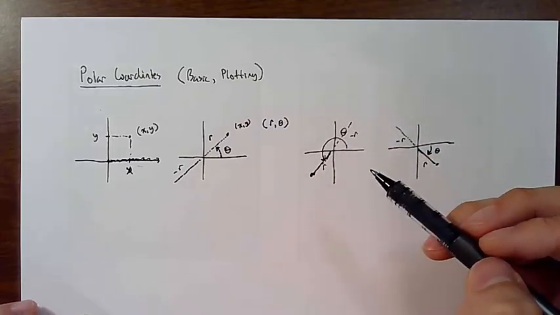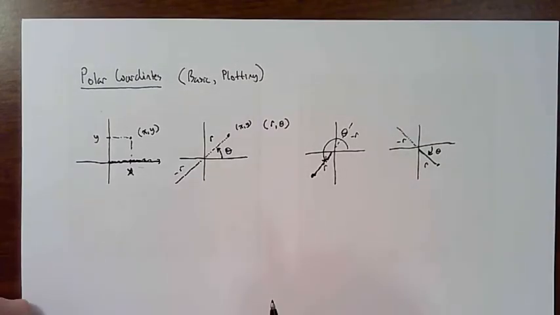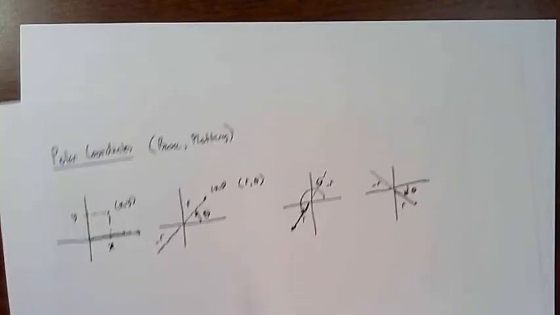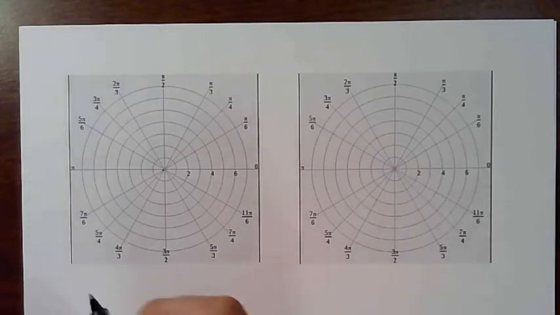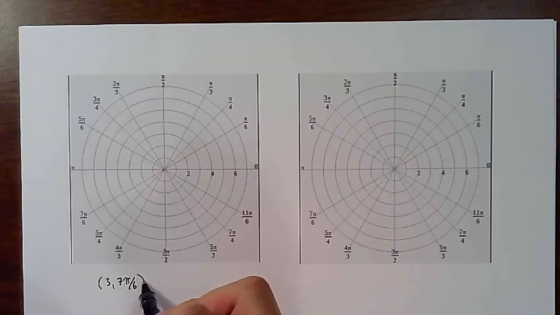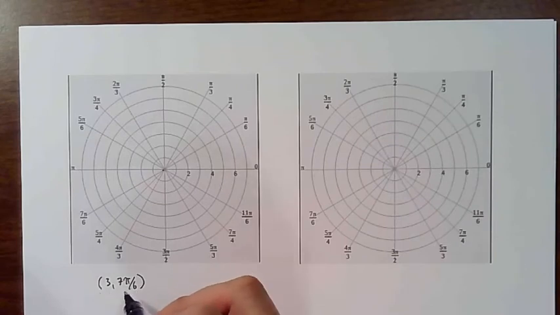So let's just do a few examples here. All right, so the first example I want to do is (3, 7 pi over 6). If we do this, I generally try to find my angle first.